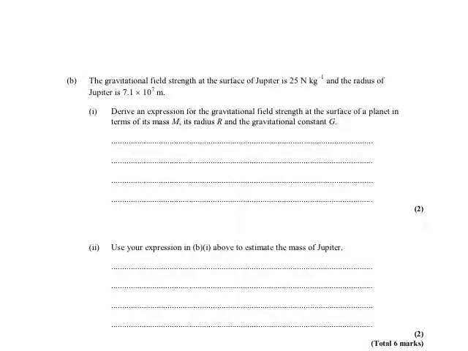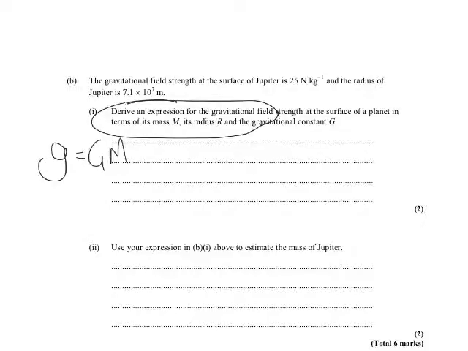Okay, so this is a really common question. We have to derive an expression for gravitational field strength at the surface of a planet. So you actually have to derive this formula. And our starting point is Newton's law: force equals GMm over r squared. So that'd be 1 point.